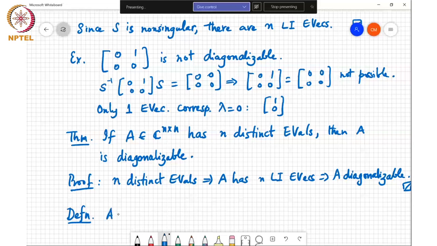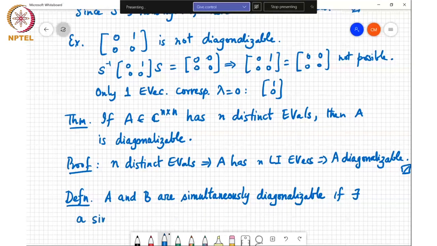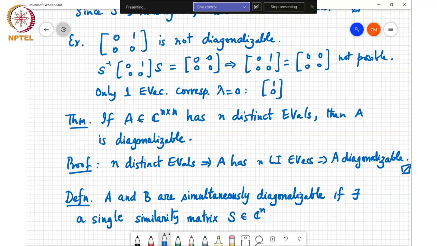We say that A and B are simultaneously diagonalizable if there exists a single matrix S such that S inverse AS and S inverse BS are both diagonal.